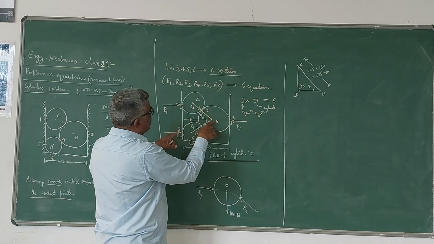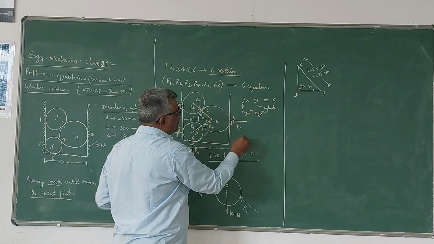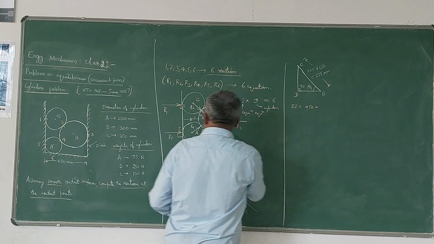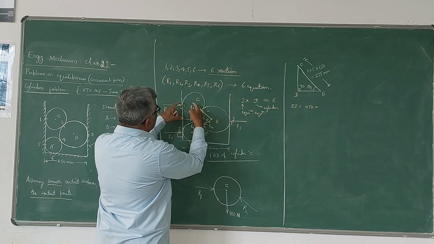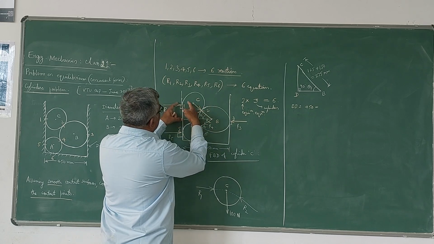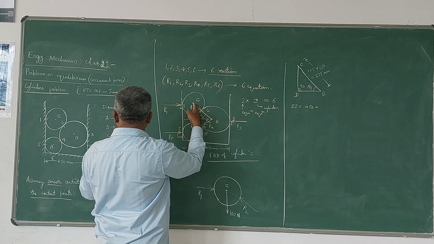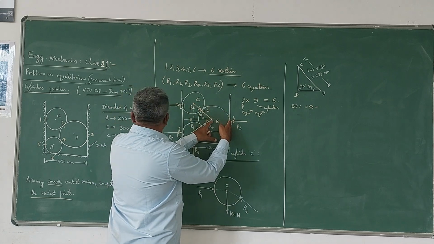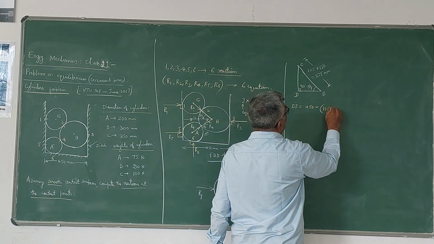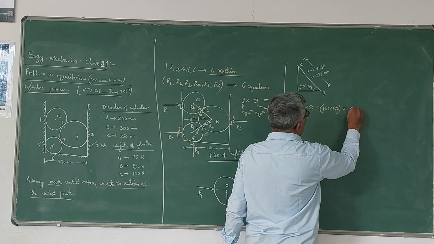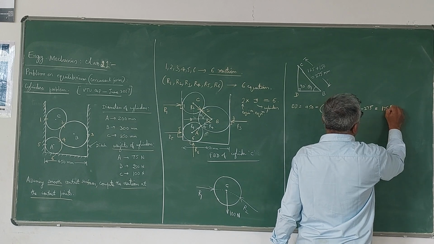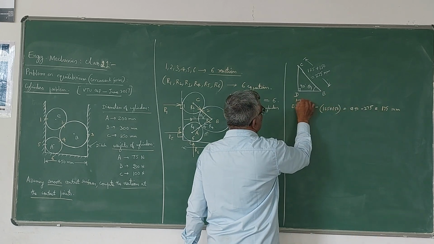DB is equal to the total width of the trench, 450, minus this radius minus this radius. That means minus radius of C, 125, and radius of B, 150. So 450 minus 275, which is 175. So this distance now becomes 175.